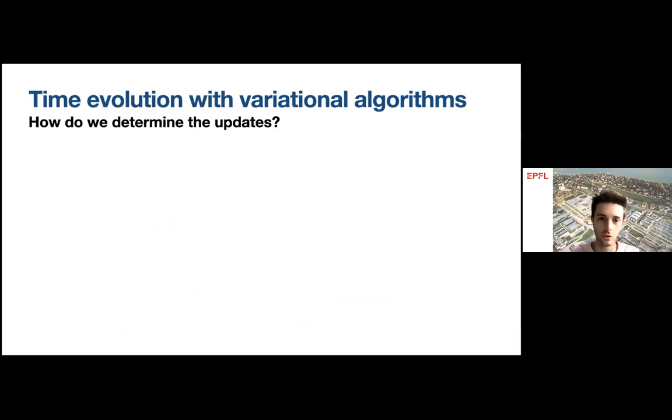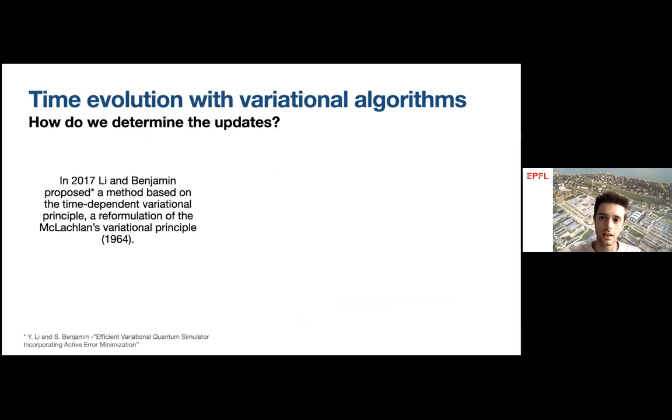And in 2017, a group of researchers from Oxford devised a variational algorithm to study the time evolution of quantum systems, so the dynamics of quantum systems. And this method is based on the time-dependent variational principle, which is a slightly modified version of McLachlan's variational principle proposed in 1964.